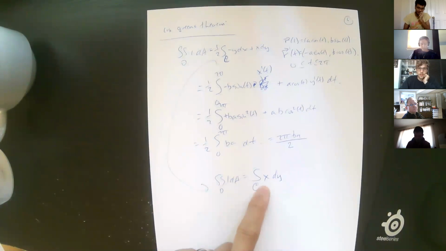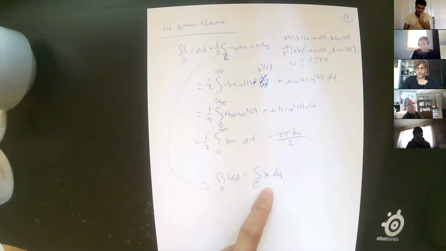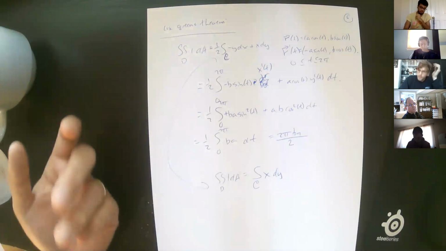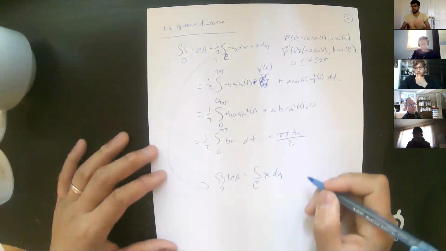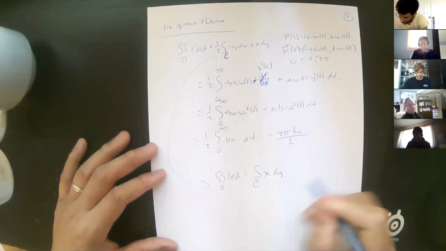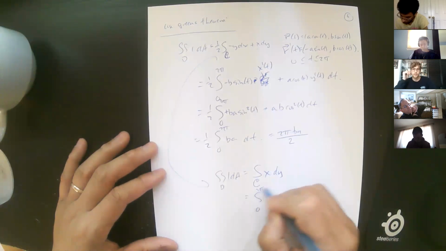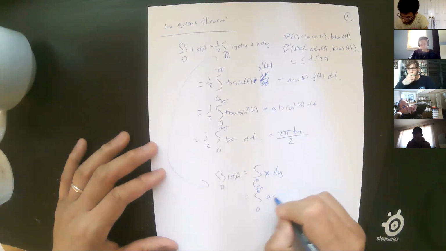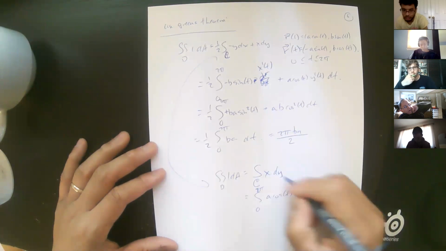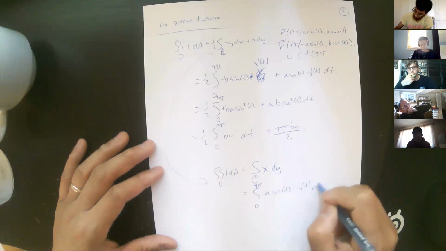When I do the dP, dQ stuff, I get 1. So this will also work. But then I need to integrate something different. Let's just see what happens if I do this instead, right? So I put an x of a cosine t times y prime of t dt.